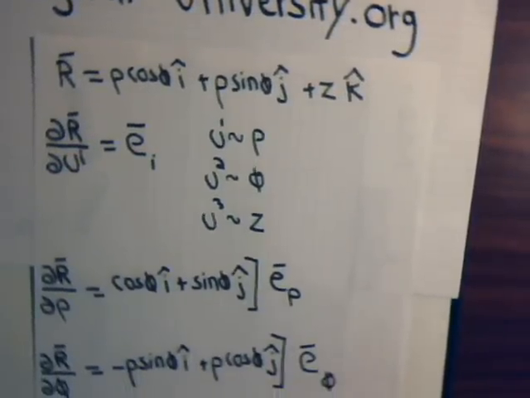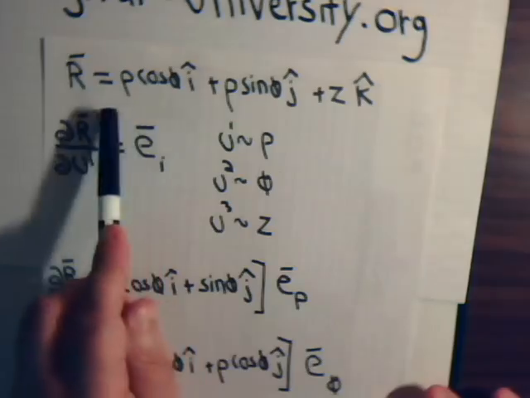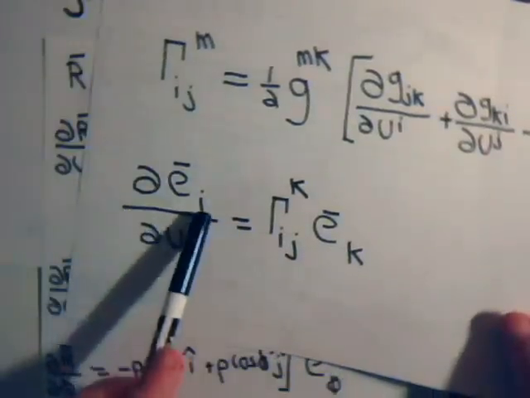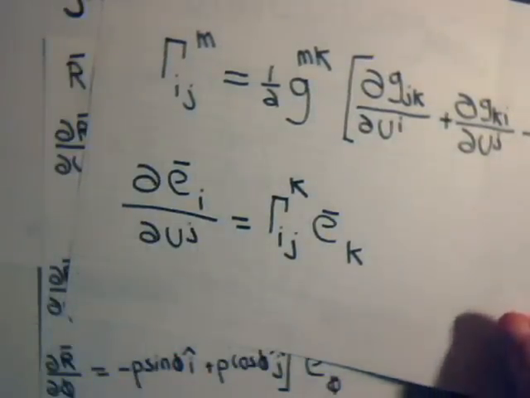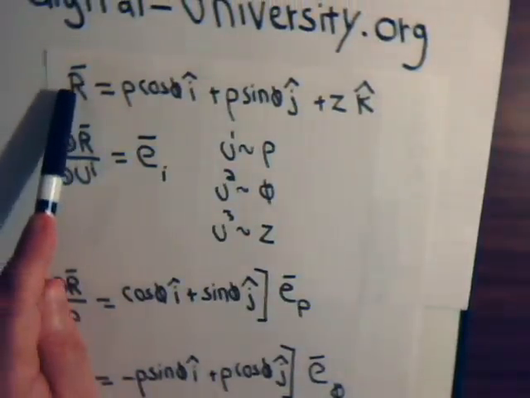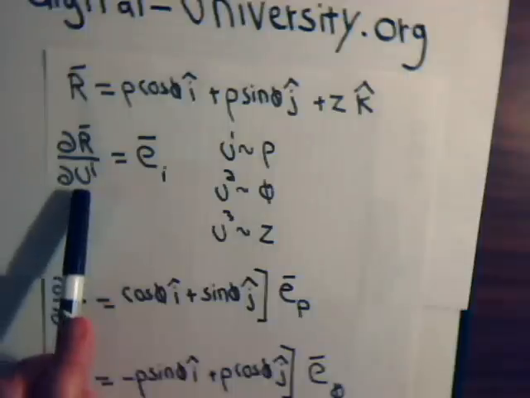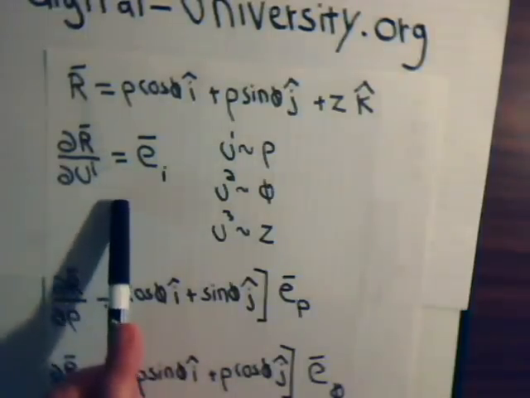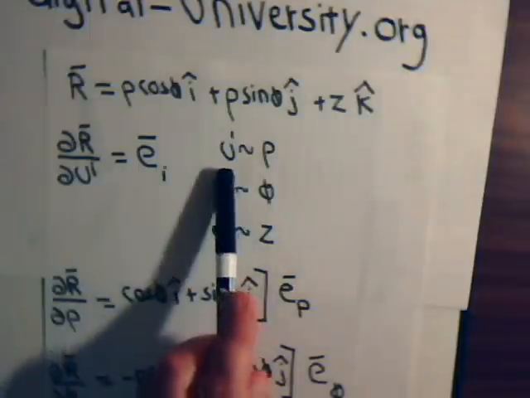Okay, so this is the position vector r in terms of cylindrical coordinates. Now remember, up here in the numerator, these are tangential vectors, and they were obtained by taking the partial of r, the position vector, with respect to the different coordinate axes. That is, i equals 1, 2, 3. So when i equals 1, it's u1.